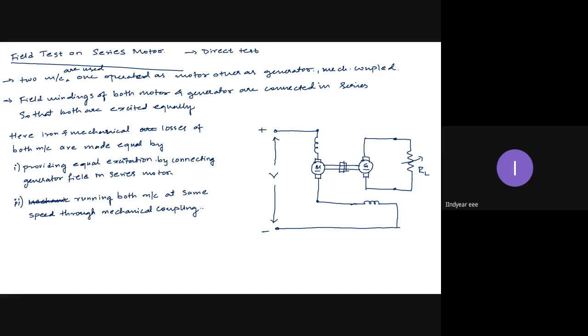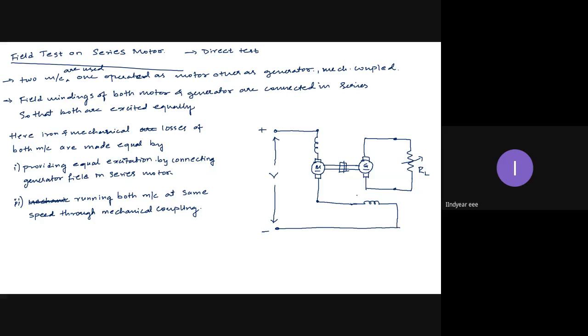By providing this arrangement, the armature of the generator is connected to the electrical load. Once I start the motor, it will give mechanical input to the generator, and the generator will start the generation of electricity. The moment I close the supply switch, the fields of both machines are getting the same excitation.